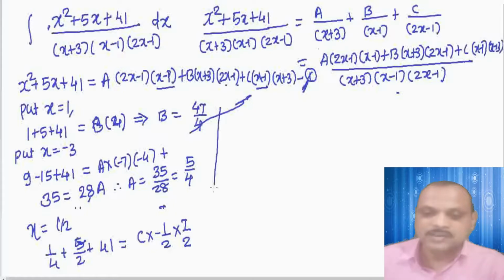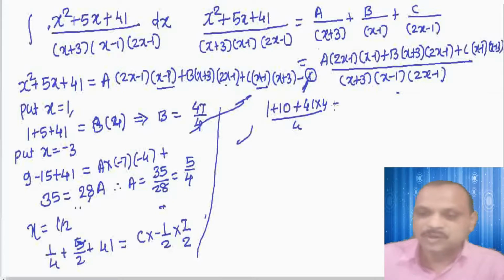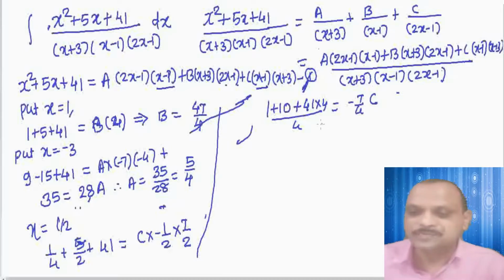Now let us take the LCM on the left side. 1 plus 10 plus 41 into 4, divided by 4, equal to minus 7 by 4 into C. You can see that the 4 gets cancelled.